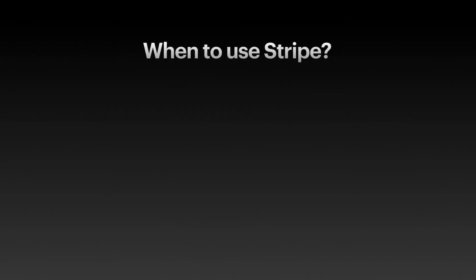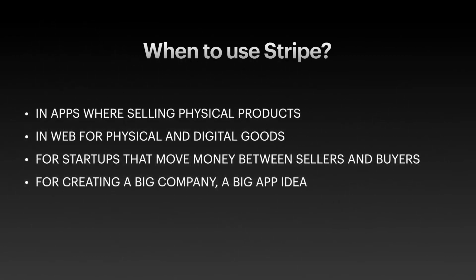So when to use Stripe? In apps selling physical products. Also on the web for physical and for digital goods. For startups, when you need to move the money between sellers and buyers, and for a big company and a big app idea, because it's a very powerful technology.